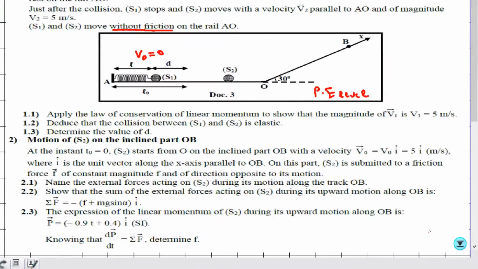Now in number 2.2, show that the sum of the external forces acting on S2 during its upward motion along OB is given by sum of forces is equal to minus F plus mg sine alpha multiplied by the unit vector i. And notice that in this case, this is not related to any parameters of motion, whether v or a, which means that this can be calculated independent of Newton's second law.